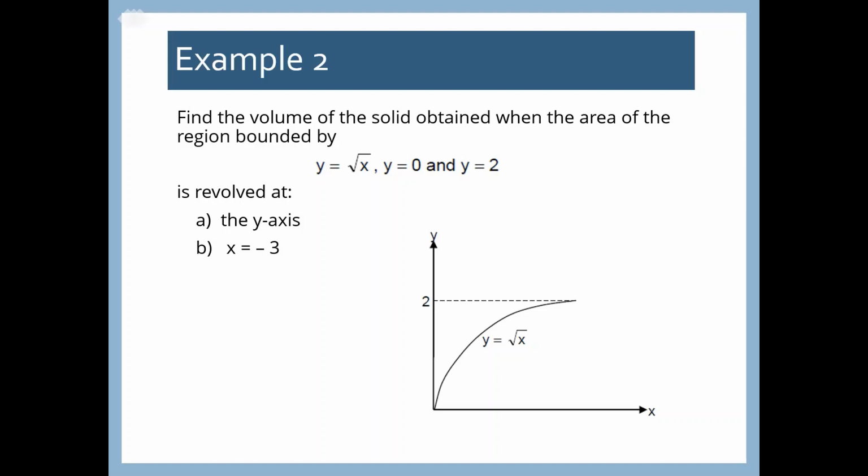Find the volume of the solid obtained when the region bounded by y equals square root x, y equals 0, and y equals 2 is revolved at A, the y-axis, and B, the line x equals -3.